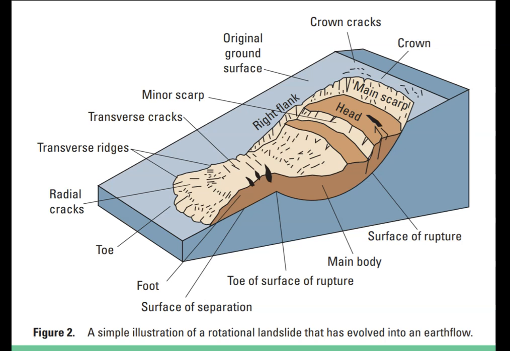You can also see the surface of rupture, and that's where the movement actually happens. And we're going to see that's caused by a number of different things, but you usually have a pretty solid area where that separation actually happens.